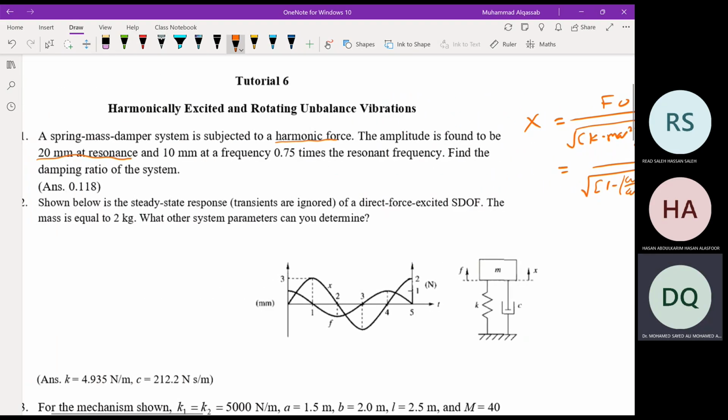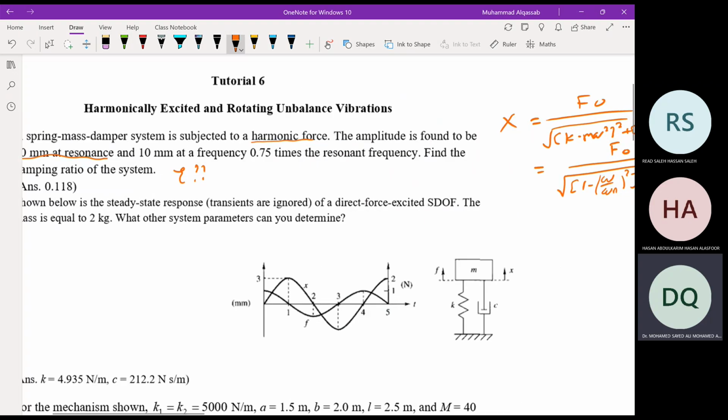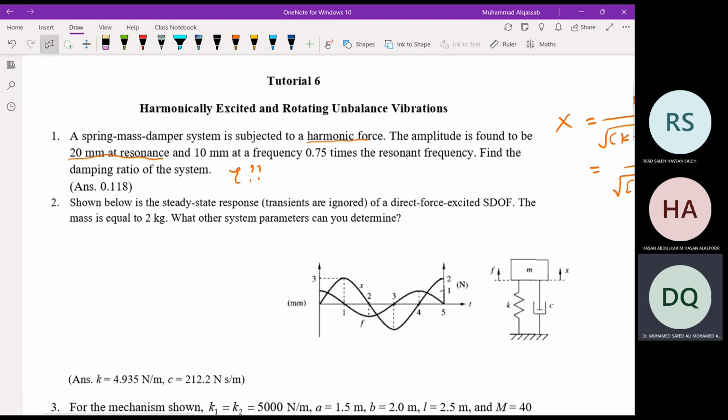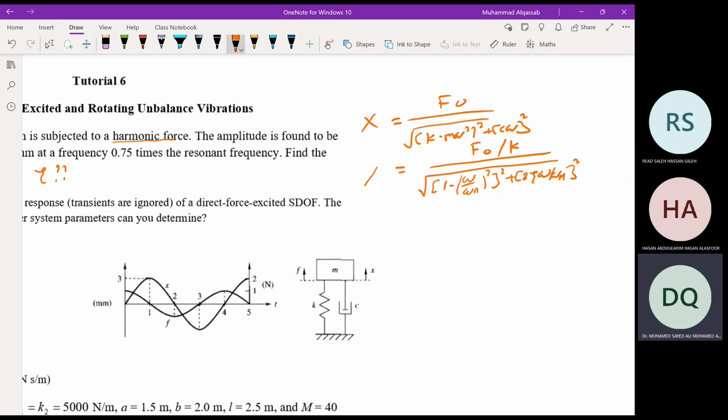The question is to find the damping ratio, zeta, which is unknown. The amplitude is 20 millimeter at resonance, when omega equal to omega n, and we also have 10 millimeter at a frequency 0.75 times the resonance frequency. So we will use the same equation 2 times.